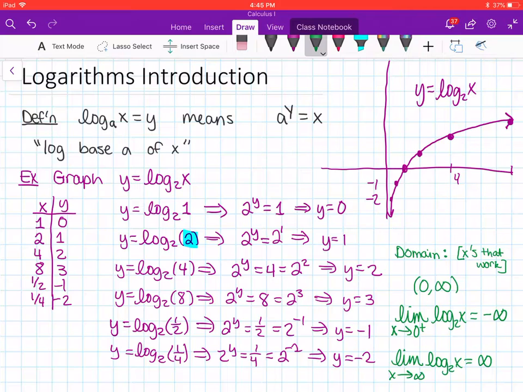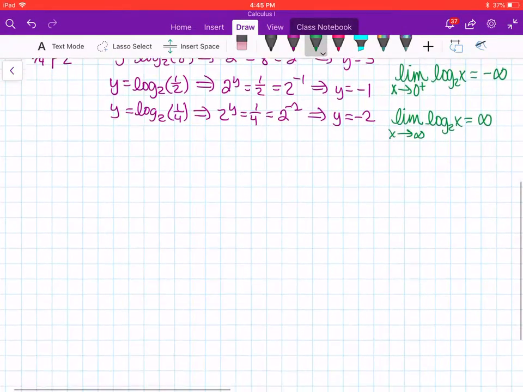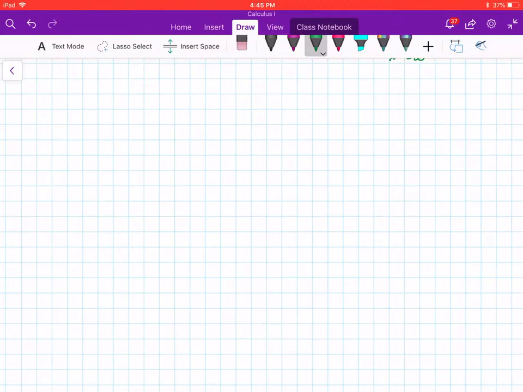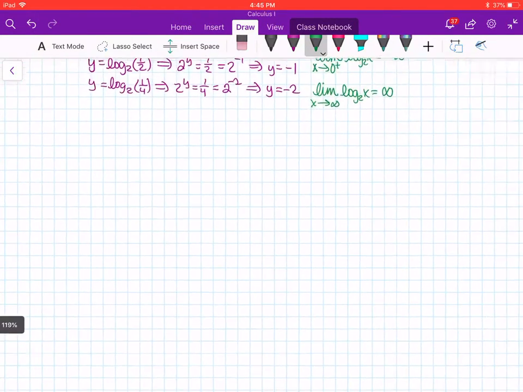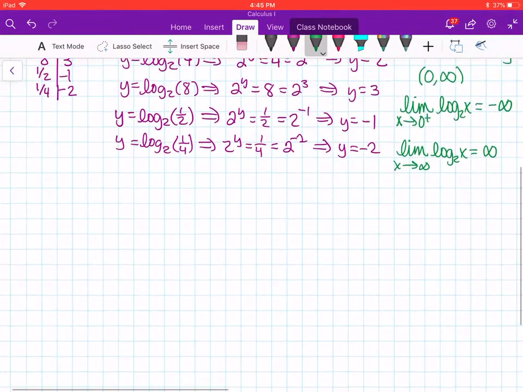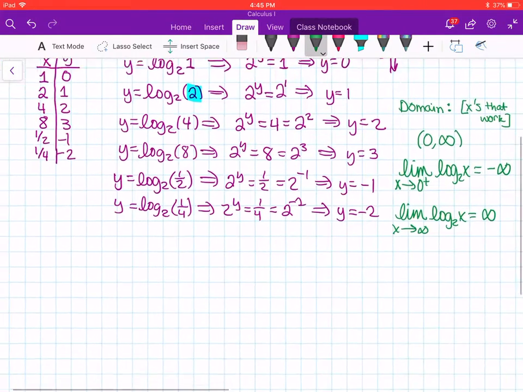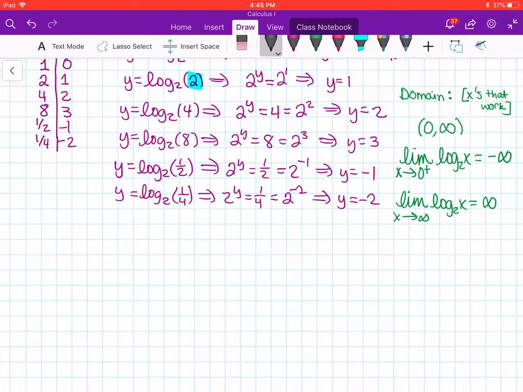Well, let's get used to some more logarithms now. Okay, so next we have the common logarithm.